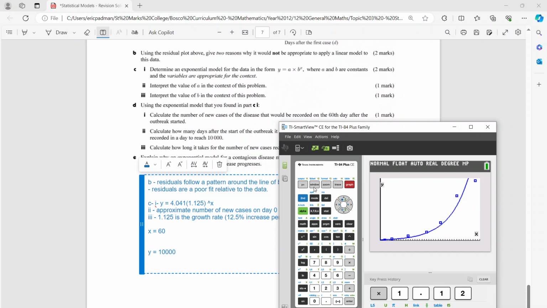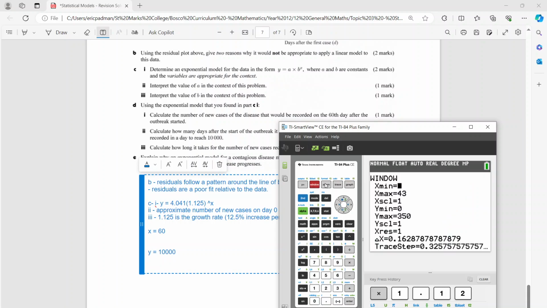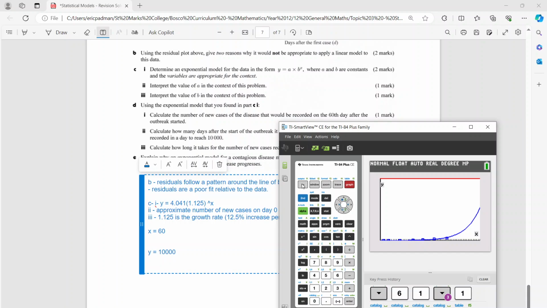We can't see that in the window because we need more space. We want at least 60, so I'll go to 61, and I need my y to go to 10,000. I need a lot more x space.